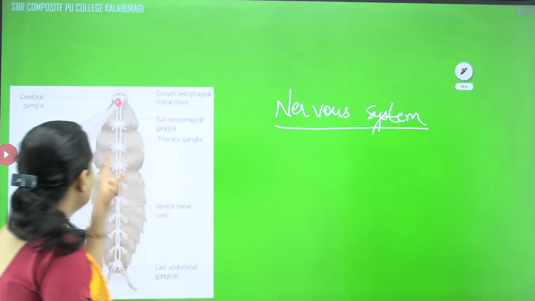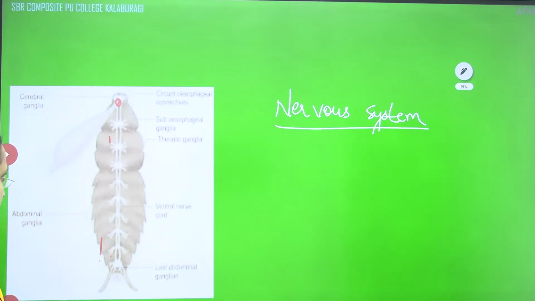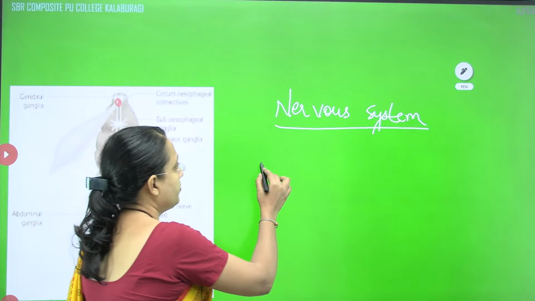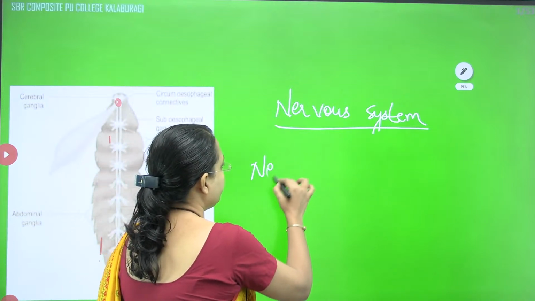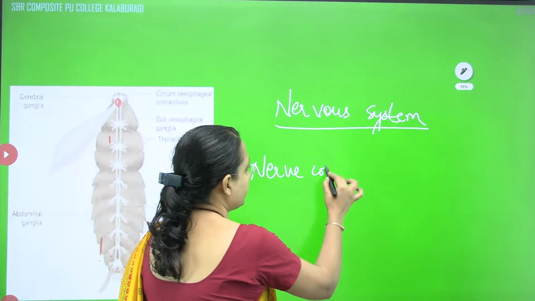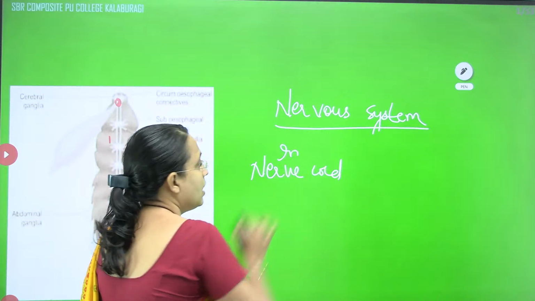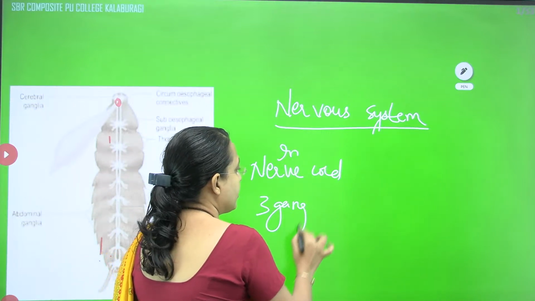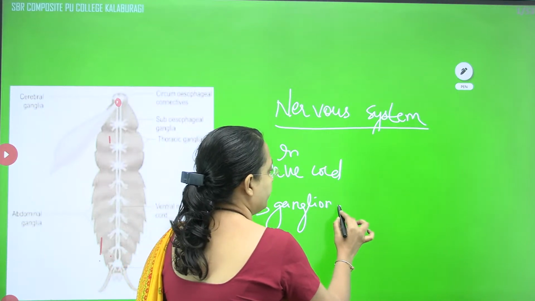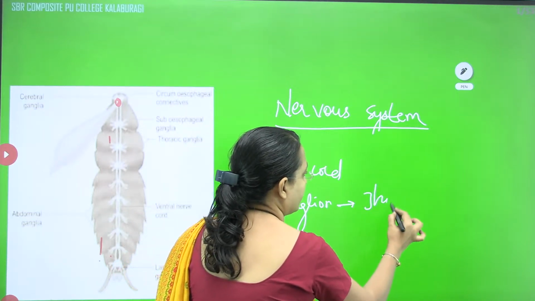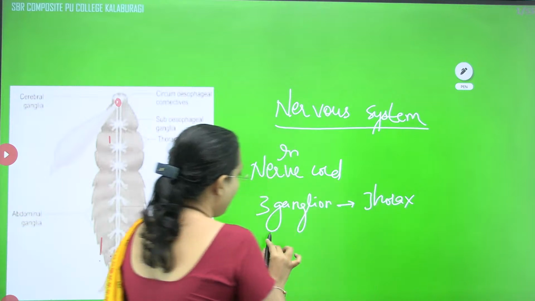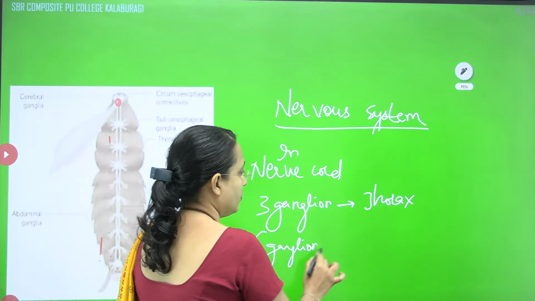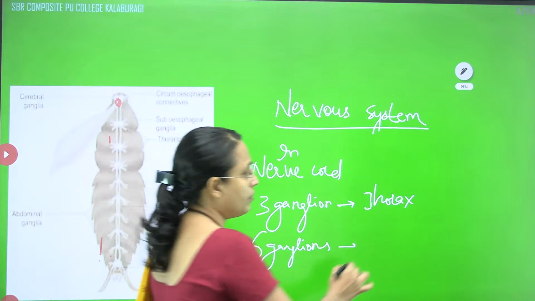Now, the number of ganglions. In the nerve cord, a total of 3 ganglions are present in the thoracic region, whereas 6 ganglions are present in the abdominal region.